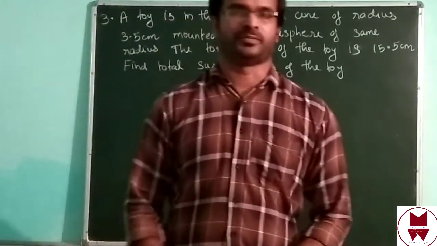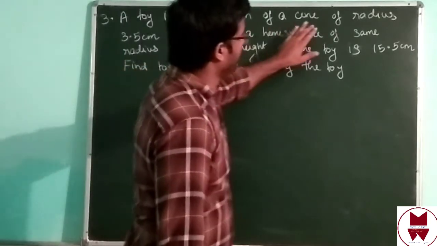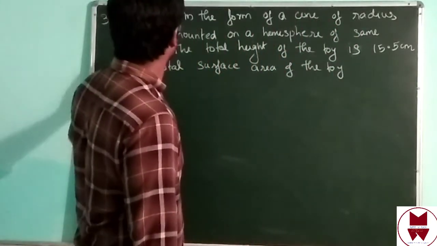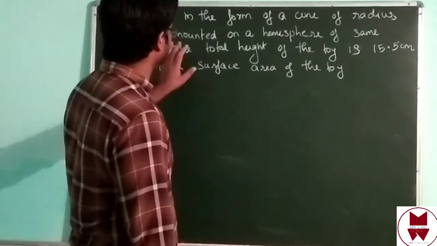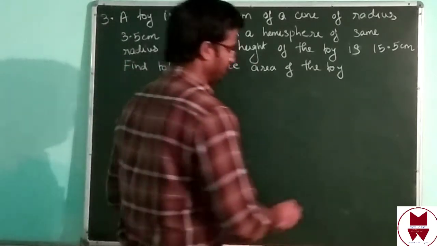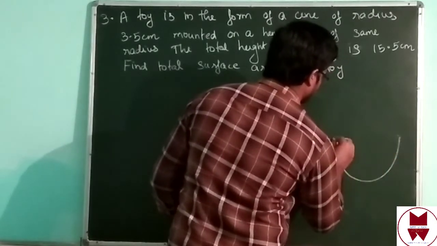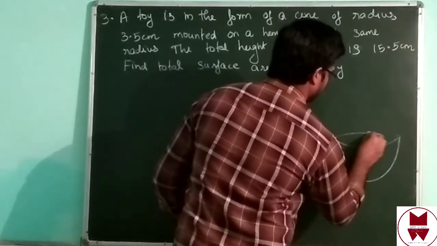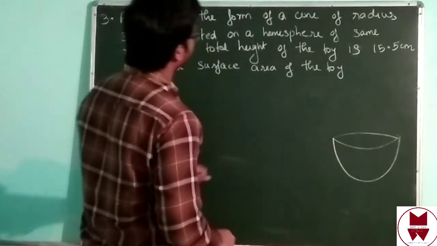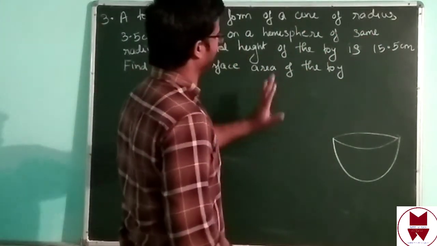Now we can see question number 3. A toy is in the form of a cone of radius 3.5 centimeter mounted on a hemisphere. First we can draw that figure. One hemisphere. Then a cone of radius 3.5 centimeter mounted on a hemisphere.